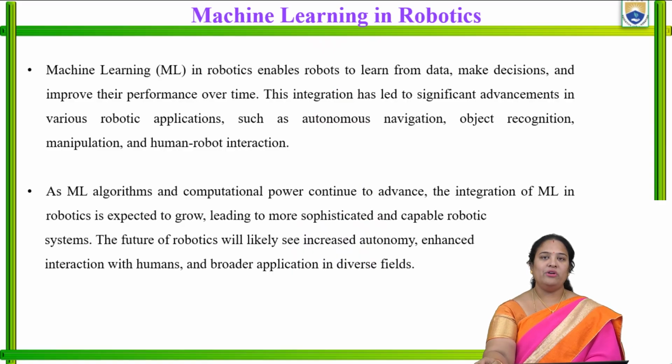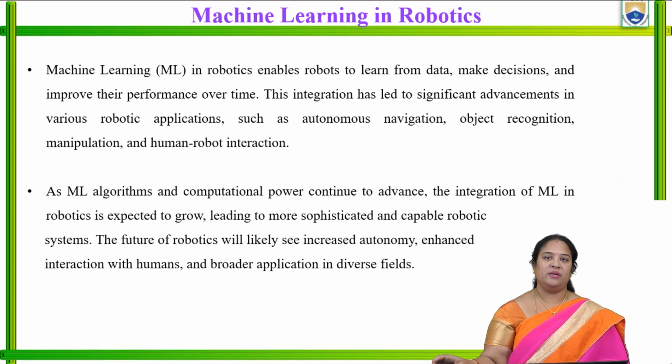Right. So what do we mean by machine learning initially? What happens in machine learning? In robotics, machine learning is used to enable robots to learn from data, make decisions, and improve their performance over a period of time.